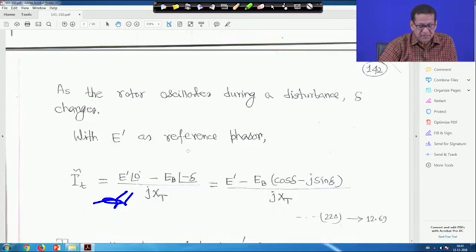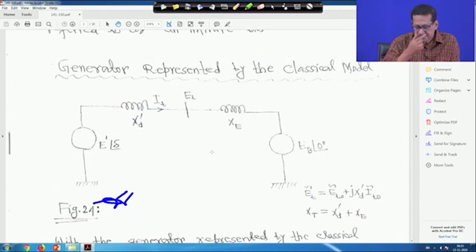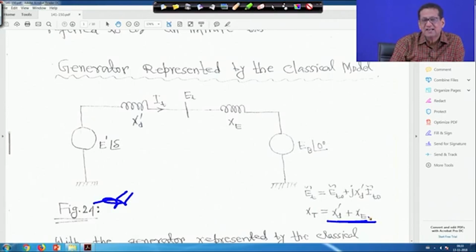Here E dash is the reference phasor, and the total x t will be x d dash plus x c. We have not considered R anywhere, assuming it is very small, for simplicity of the analysis. If this is E dash angle delta, this is E b angle 0, so E dash is leading E b by an angle delta.